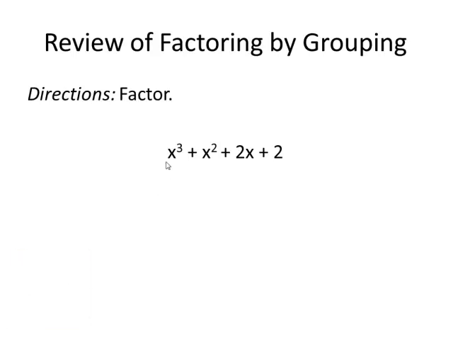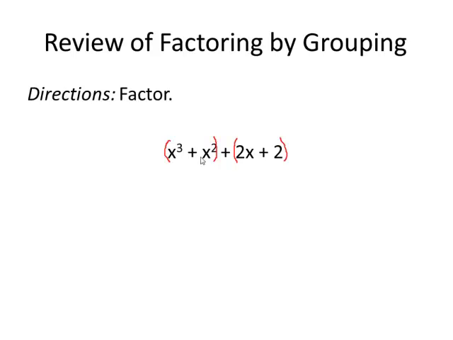So if I have x cubed plus x squared plus 2x plus 2, I'm going to group the first two and the last two terms together. Now if there's a minus sign here, I'm going to group that inside because the minus sign would belong to that 2.